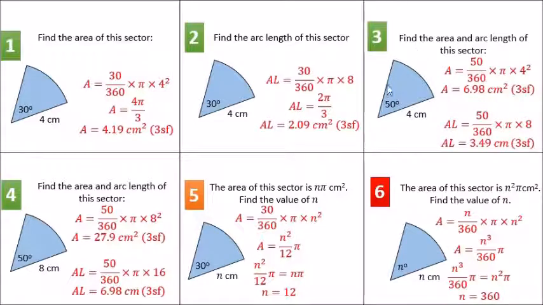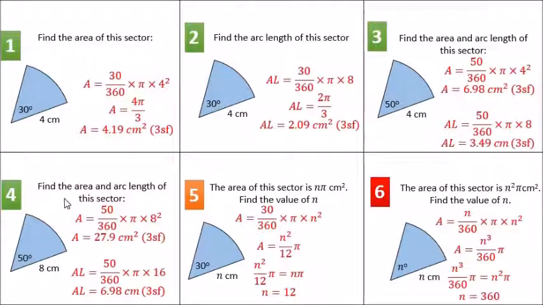For question 3, the angle at the centre changes to 50 degrees, so the area becomes 50/360ths multiplied by pi r squared, so pi times 4 squared, which is 6.98 centimetres squared. The arc length is 50/360ths multiplied by pi d, so multiplied by pi times 8, which is 3.49 centimetres.